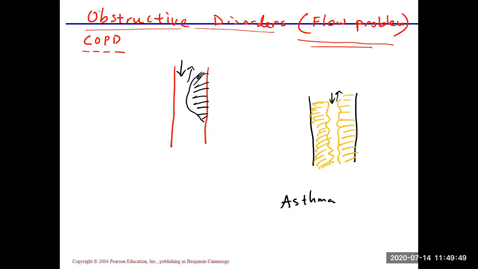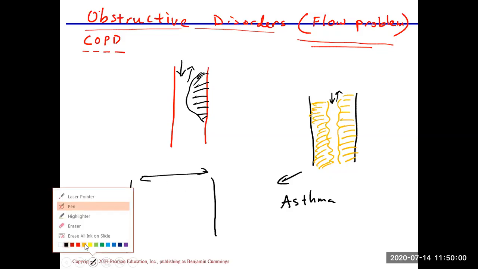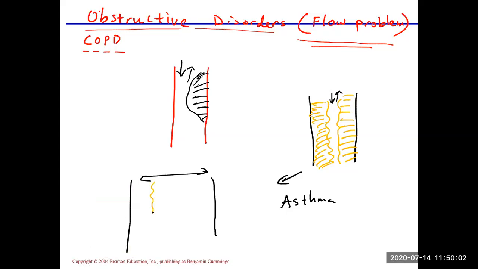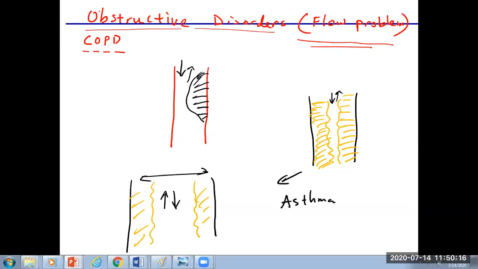So now the bronchiole is wider in diameter, even though there is an excessive amount of mucus, the airway is still sufficient for the flow of air to go in or out. So that's the idea behind the flow problem or obstructive diseases.